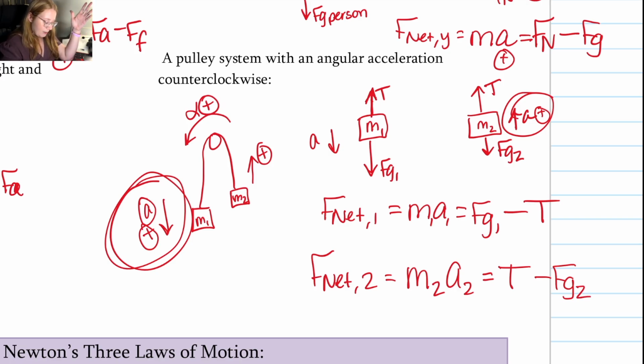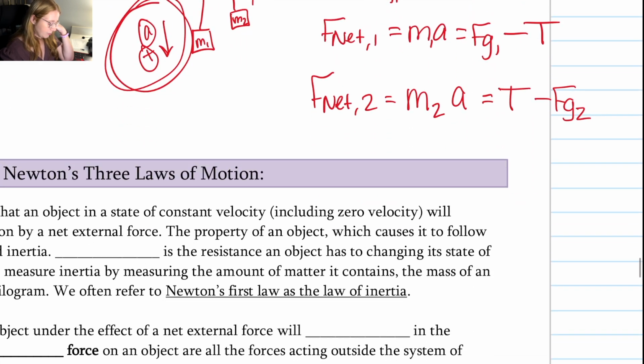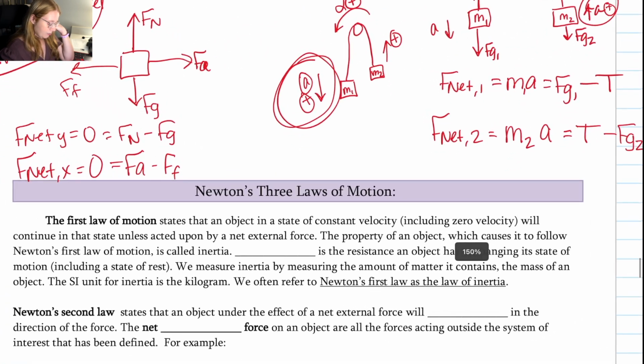Okay, so there's your net forces. We have object 1, object 2. For acceleration, since it's the same rope, the same pulley, they should actually accelerate the same, but the masses for those equations are going to be different. Okay, so that is a free body diagram.